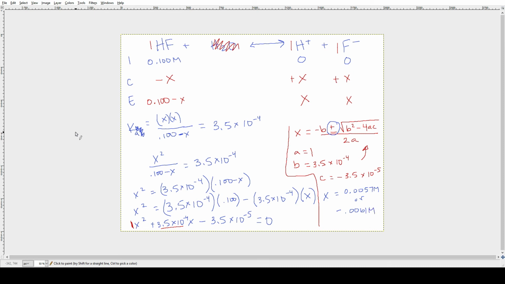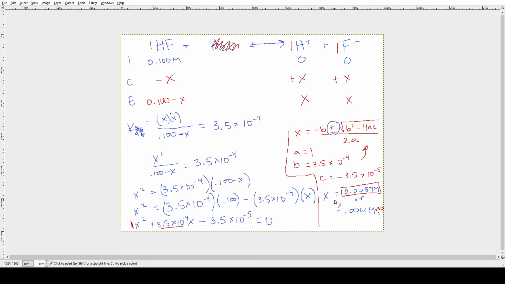And this is where your common sense has to kick in. Can we have a negative concentration? Hopefully you said no. You can't. So this must be our answer.